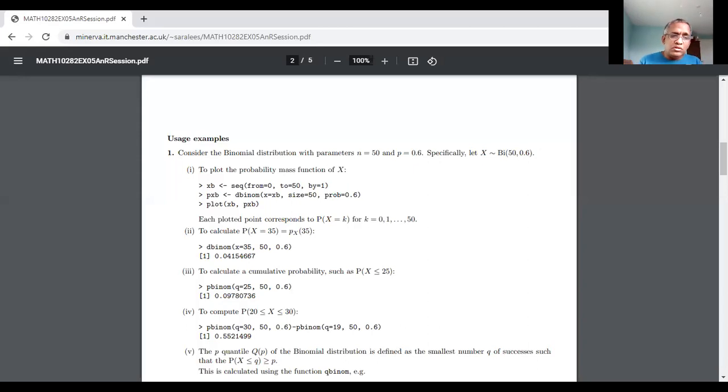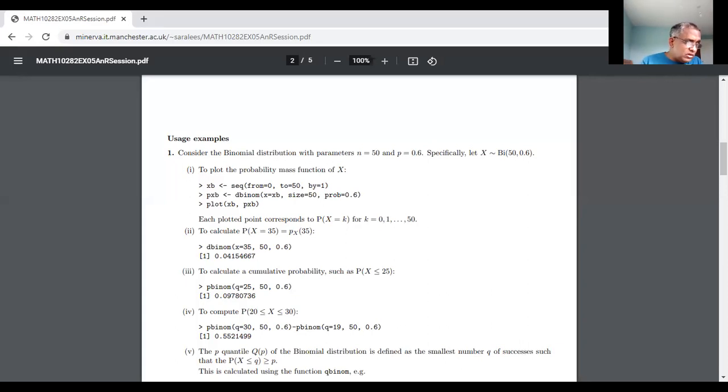Now, suppose you want to compute the PMF of a binomial distribution, say at 35, right? This is the probability. So what I have computed is the probability that x equal to 35 when x is binomial with parameters 50 and 0.6. So that's what I have just done, right?